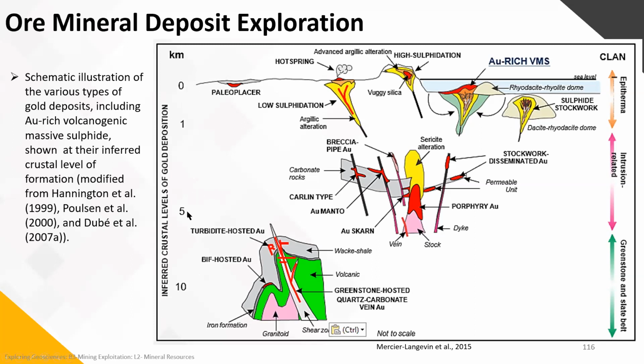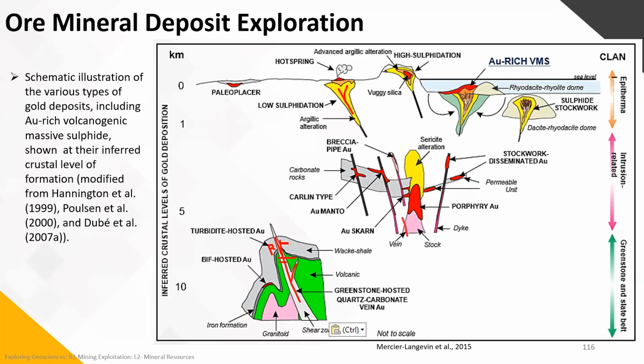If we are moving down to deeper depths, what kind of formation are we working with: sedimentary rocks versus porphyry versus magmatic chambers versus high sulfidation to low sulfidation and so on. So this schematic illustration will show us exactly in which environment we can find an ore mineral deposit and which type can be found within this specific environment.